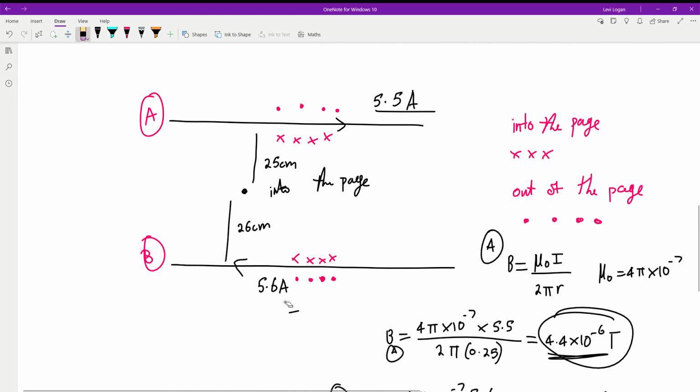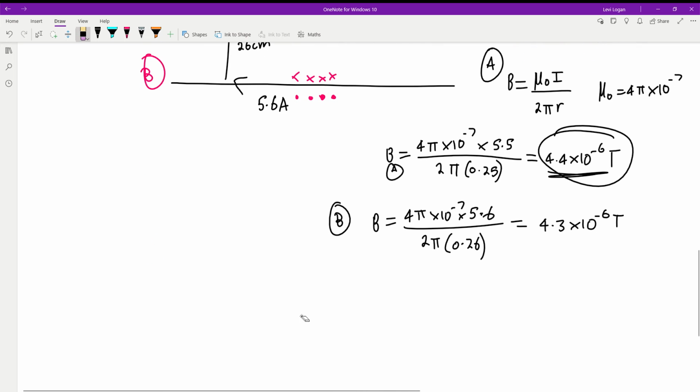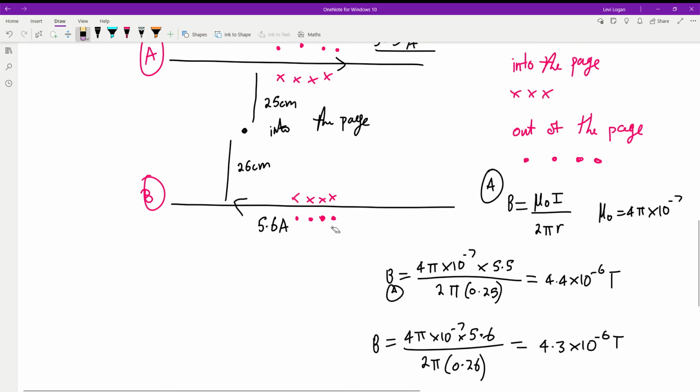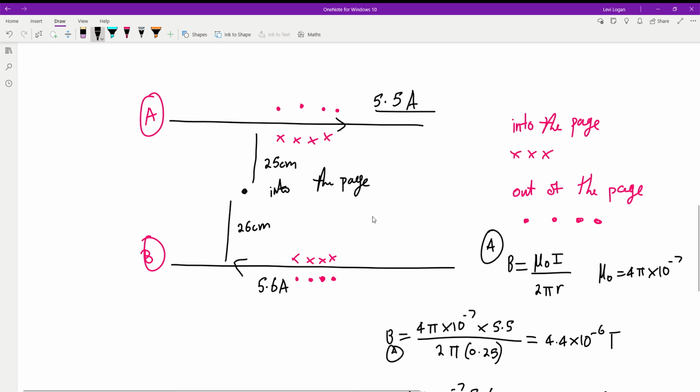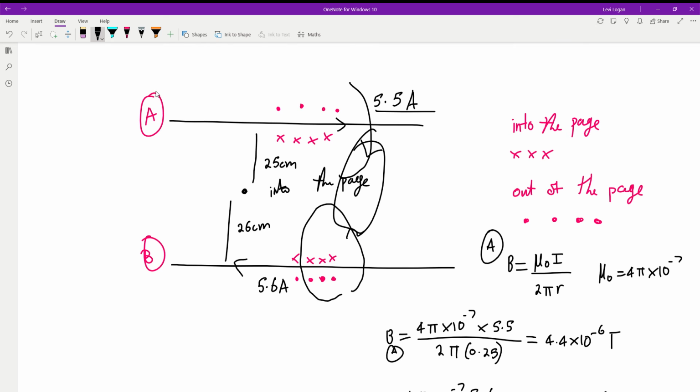Okay, so that's all good and great. We've calculated the net magnetic field for each wire. Now we got to work out the field at that particular point. So since both magnetic fields are going into the page, doing something like this, it's going to be a terrible drawing. It's going like this. They're both going inward. So you see how these two bits here, actually I'll use a highlighter to better demonstrate that.